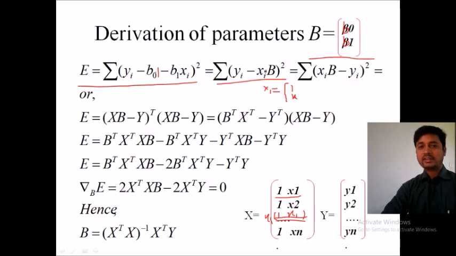So this can be written like this, and as there is a square term, we can also write it like this, only for ease of computation.